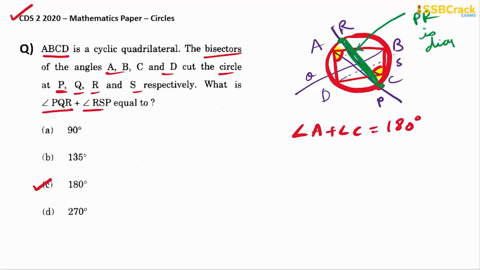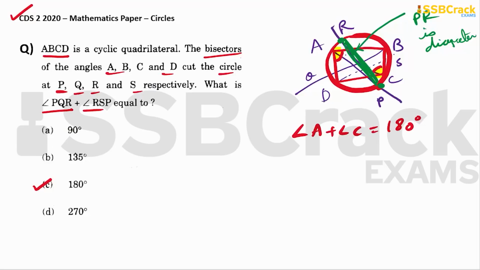So PR is a diameter, the line segment formed by joining the two points on the circle which lie on the bisectors of the two opposite angles of the cyclic quadrilateral.